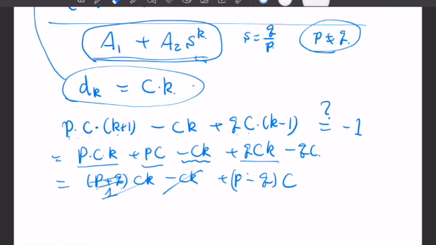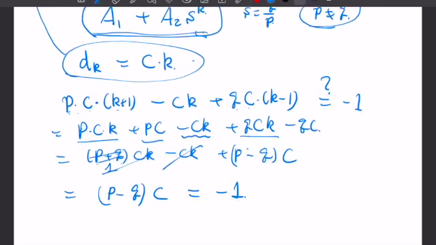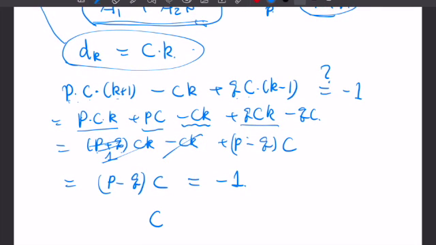So after all, we have (p minus q) times c. If this is equal to negative 1, then the constant c must be equal to negative 1 over p minus q.